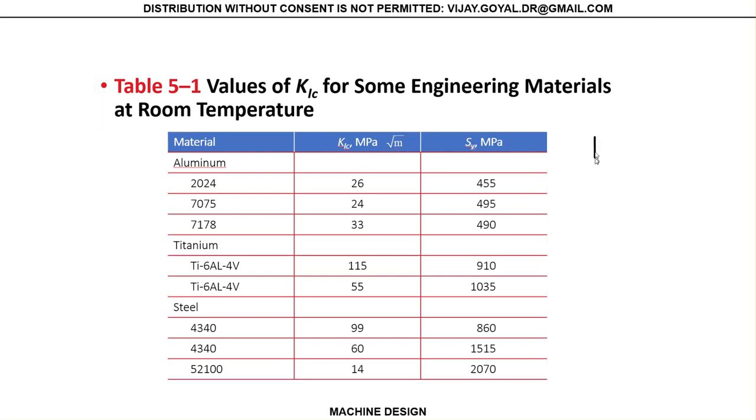Typically, mode 1 fracture toughness is equal to the value in the table. But if you wanted mode 2, sometimes it is simply 0.866 times KIC, or we can have other means of relating mode 2 and mode 3 to K of mode 1. But this is beyond the scope of this course, and we would just limit ourselves to mode 1, okay?